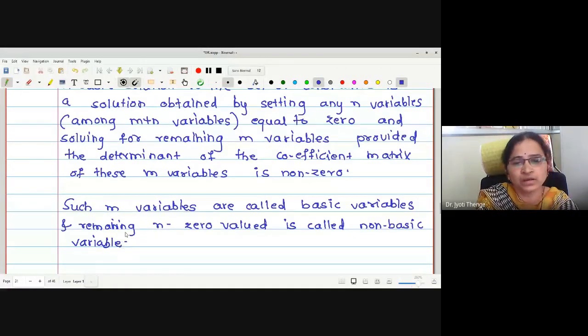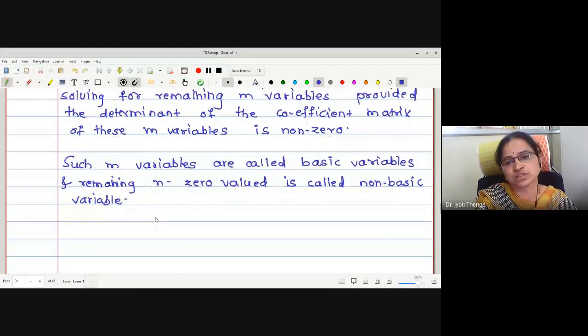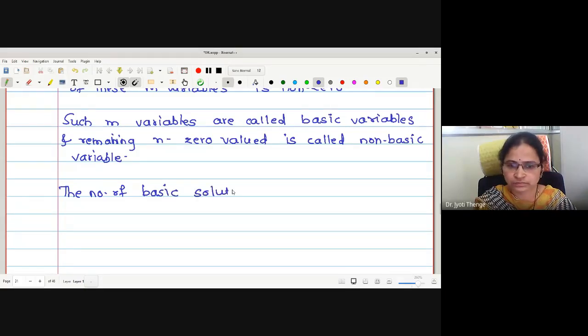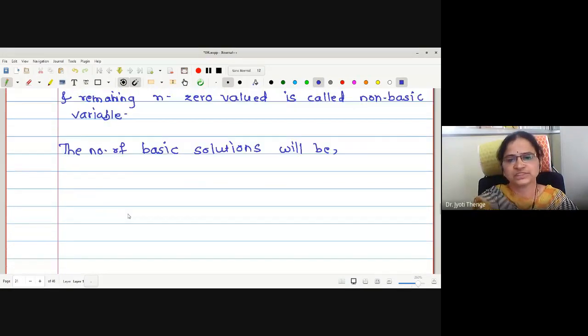How many combinations are possible to find the basic solution? Among n plus m variables, we are selecting any m variables only. Therefore, how many basic solutions exist? It is simply a combination.